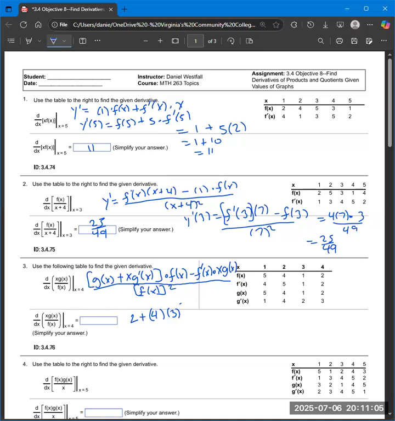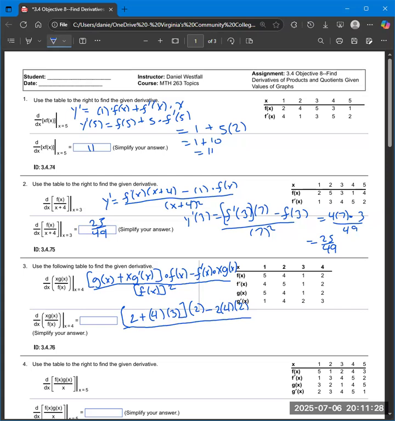times f of 4 is 2 minus f prime of 4 is 2 times 4 times g of 4 is 2 all over f of 4.